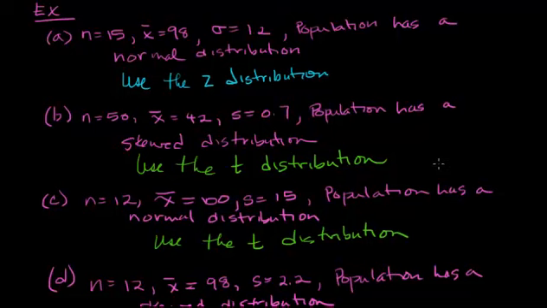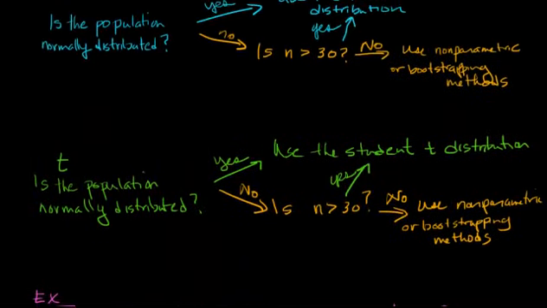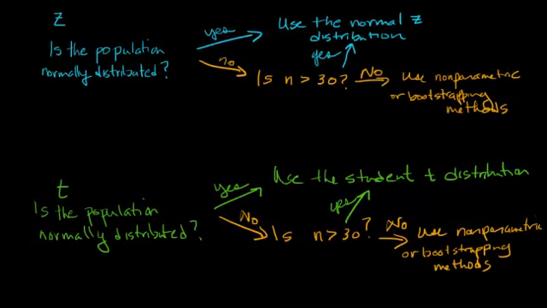If the sentence is mentioning the sample mean, and then the next thing it says is, and the standard deviation is, that's a sentence about the sample. Therefore, they're giving you the sample standard deviation. So it's a matter of reading carefully and following these steps, and you shouldn't have any trouble determining which distribution you should use.